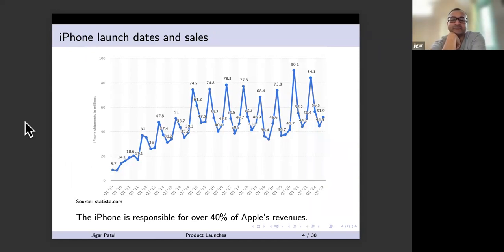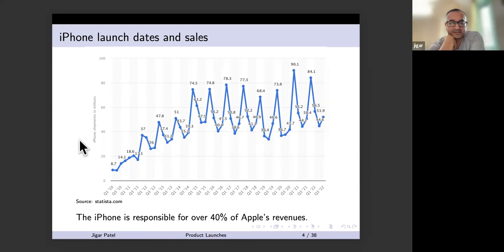If you see the trend of iPhone sales, there are peaks and valleys, like 74.5 million units in Q1 of 2015, then 74.8 in Q1 of 2016, and so on.